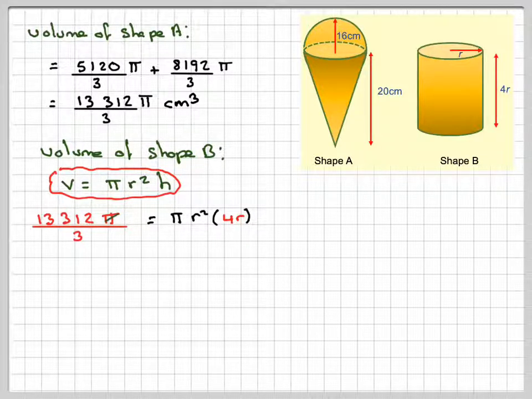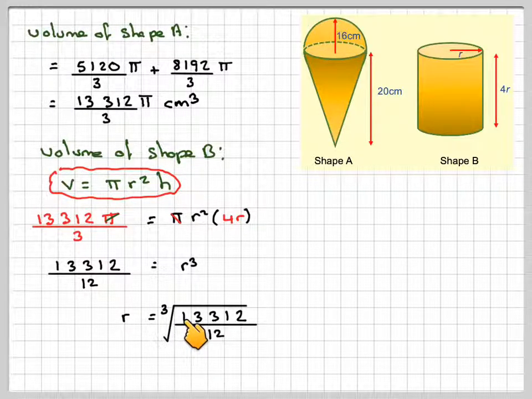So the pi's will cancel out. On this side, I'm going to get r cubed, and then I'm going to get 13,312. And when I divide by 4, I'm going to get 12. R will be equal to the cube root of 13,312 over 12.